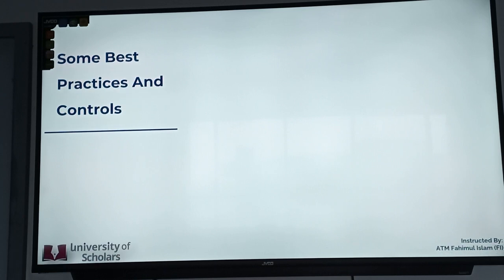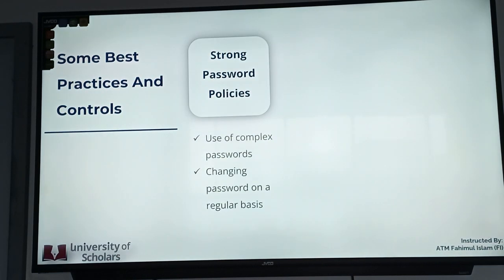So let's discuss some best practices and controls. The first one: you should always use a strong password, including symbols, letters, numbers, capital letters, and small letters. A complex password is a very good starting point.